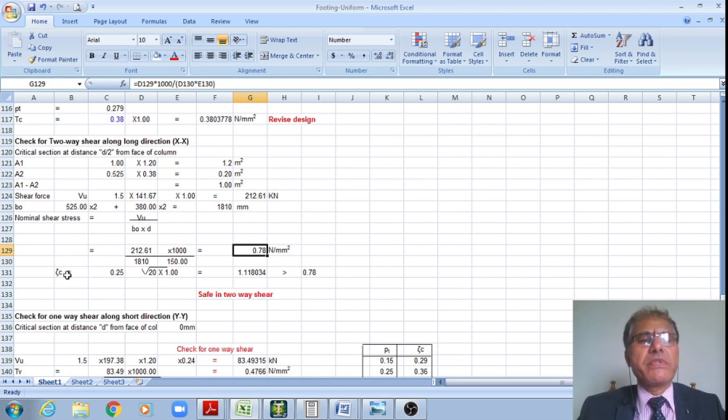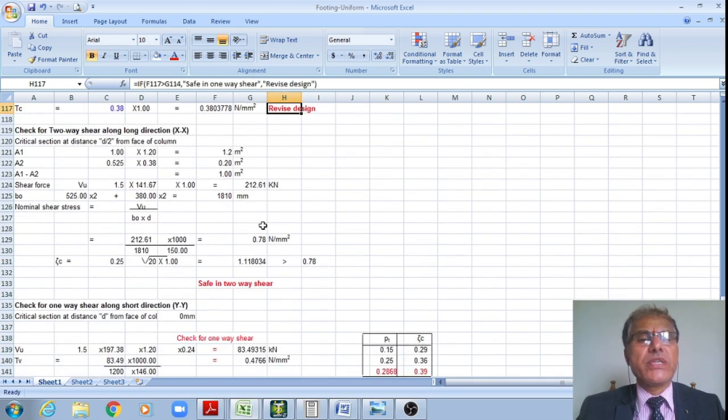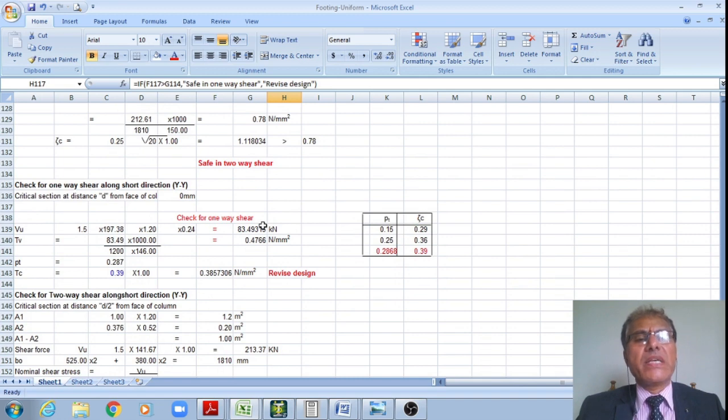The permissible shear stress is 0.25 square root of fck multiplied by Ks. Just now we have seen Ks is 1.118. Even so, this tau c is greater than the nominal punching shear stress of 0.78. Therefore it is okay in two-way shear, but it is not okay in single shear along the x-axis direction.